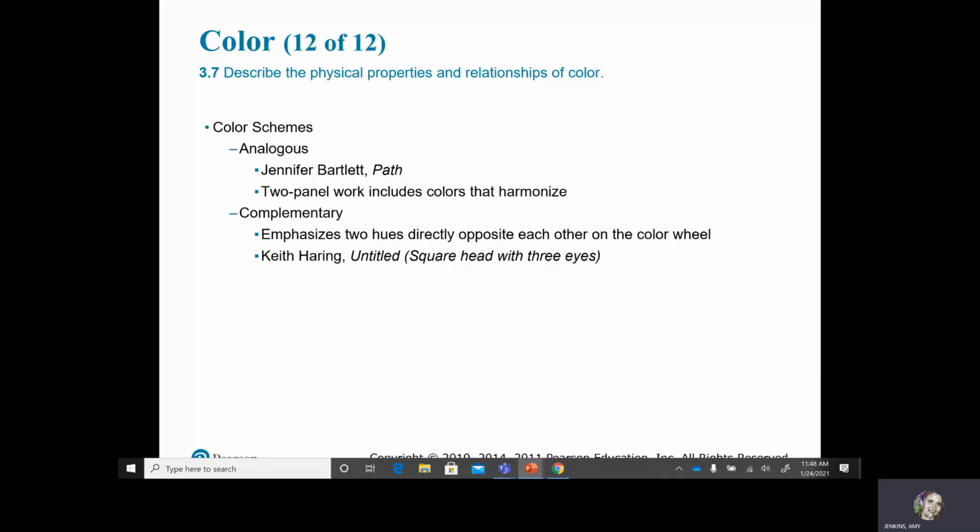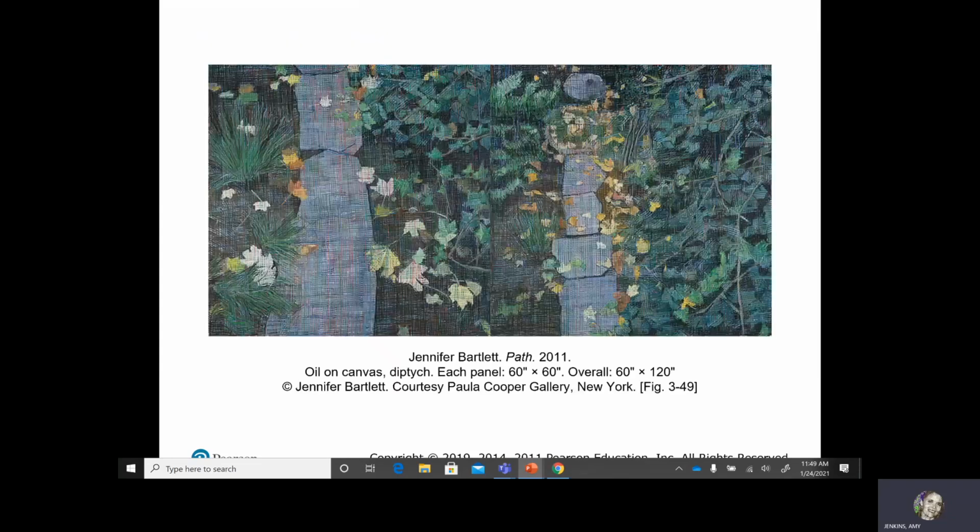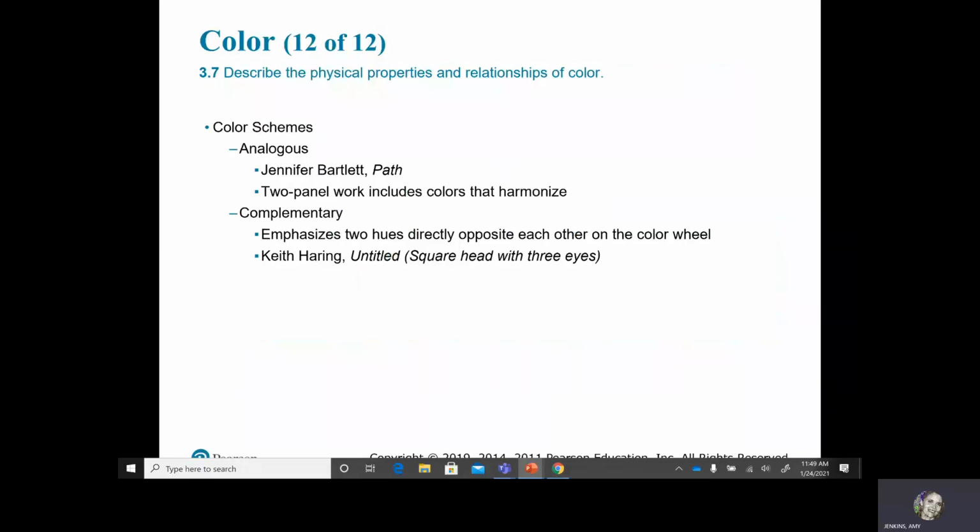Color schemes, analogous. We have Jennifer Bartlett's Path, which is a two-panel work which includes colors that harmonize. And complementary emphasizes two hues directly opposite each other on the color wheel.